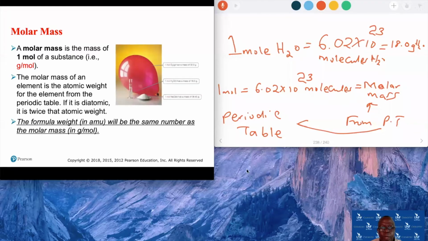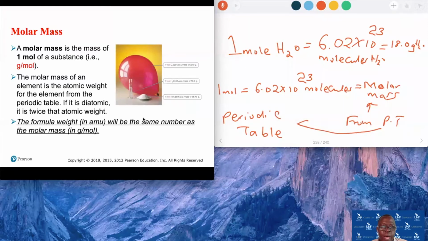But for formula mass, the formula unit, we use the AMU. So formula weight is in AMU for the formula of a compound, whereas the molar mass is in grams per mole. It has the same numerical value, except for molar mass we use grams per mole, which means you have Avogadro number of items.